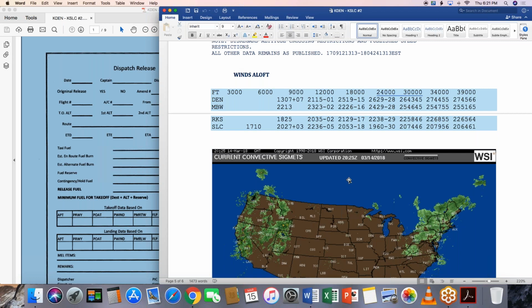Now that we have that, we need to know what is our average heading for this flight? We should already have this written down somewhere. Is it 278 or 274?